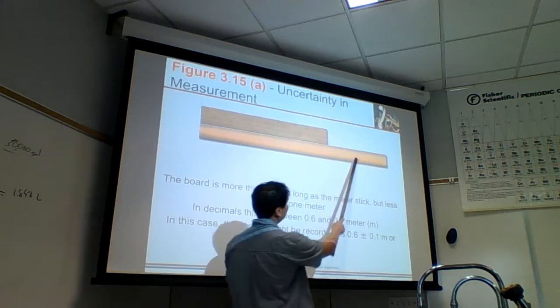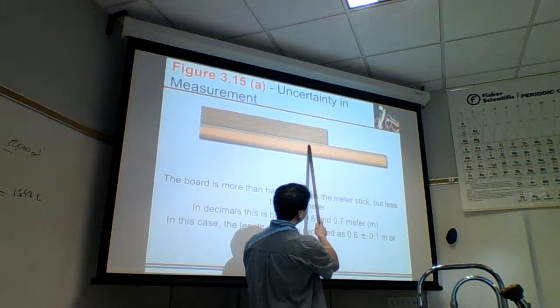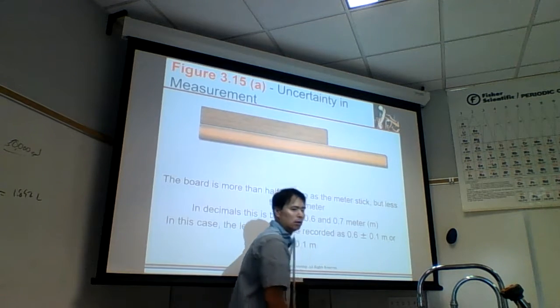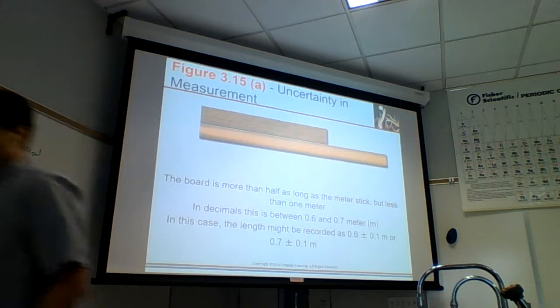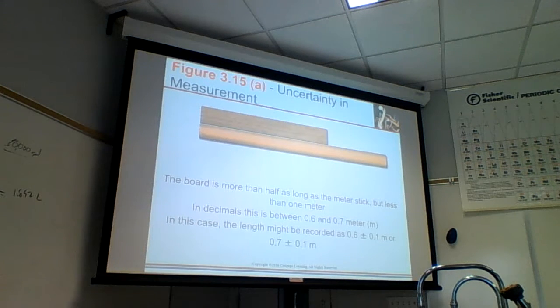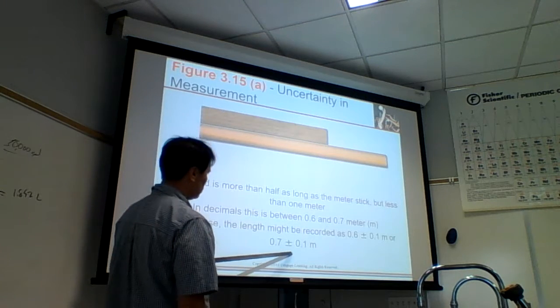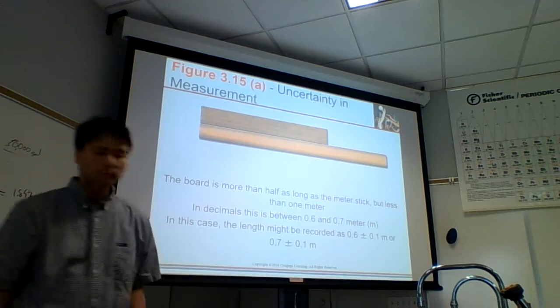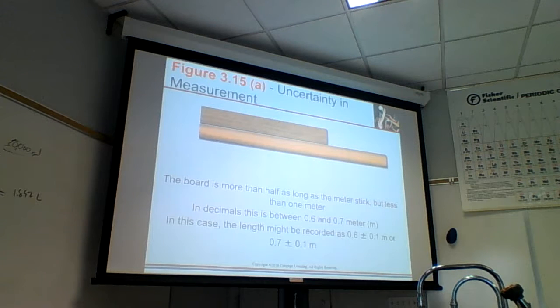I don't think it's 0.8. It could be 0.6. I think it's closer to 0.7. And so it depends on what your confidence is. What's standard in science is to take half the smallest. And so this is overestimating it. We'd usually go 0.05. And that's what I've been doing. I've been taking half the smallest.